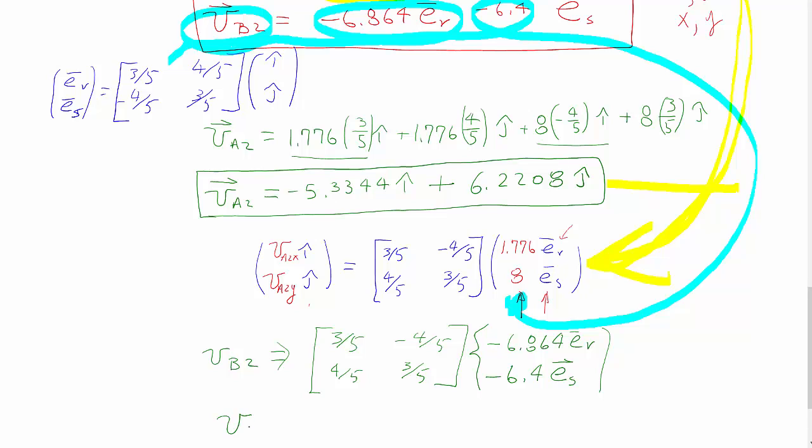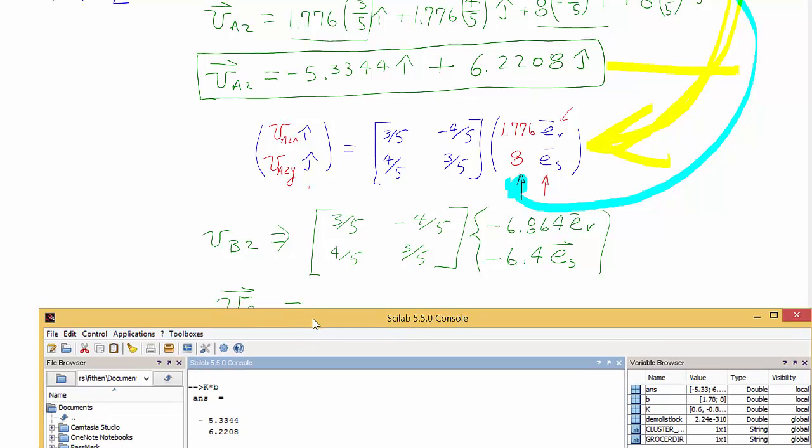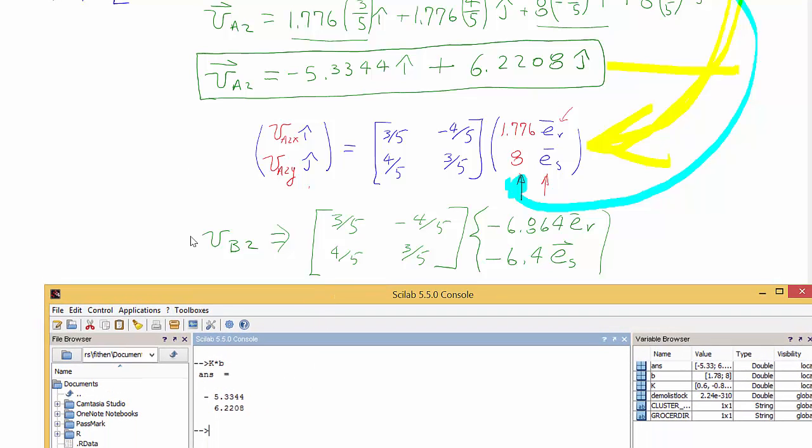Looking at it from that perspective, I should get, let's slide this up, go back. Now I'm going to multiply, do this, clear, K times a vector which has minus 6.864 and then minus 6.4 for the second entry.